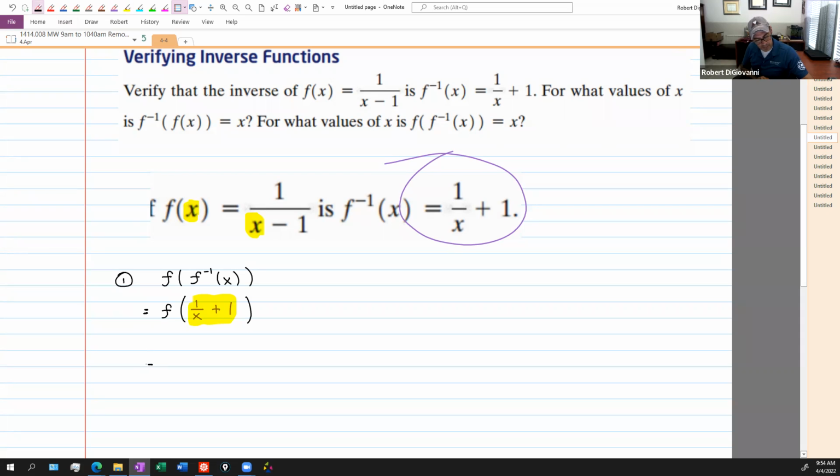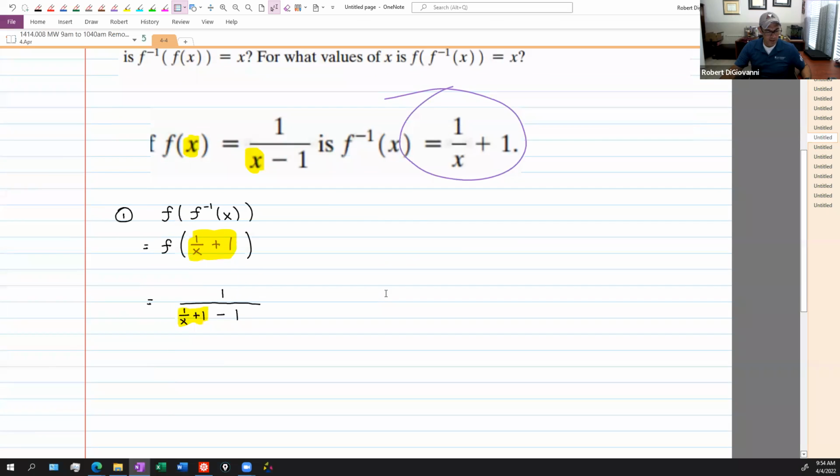Okay, here we go. So it's 1 over, right? And then x, which is 1 over x plus 1. I've replaced it with the yellow piece, but then minus 1. Everyone see the yellow piece right here is just this function getting plugged in right there. Actually, this ain't too bad.